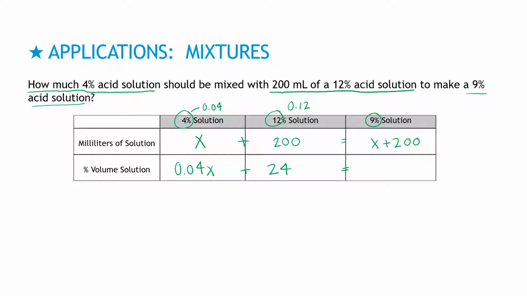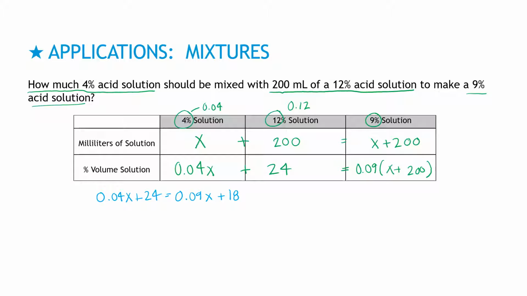And I know that that's going to be 0.09 times x plus 200, which means my equation is 0.04x plus 24. I'm going to go ahead and distribute to get 0.09x, and then take 0.09 times 200 to get 18.